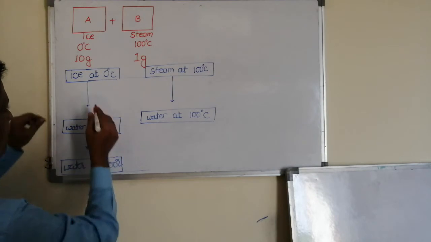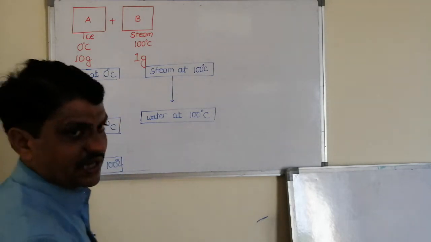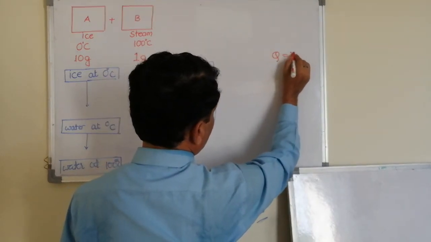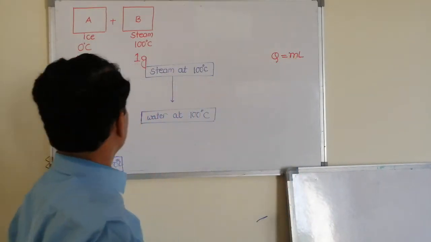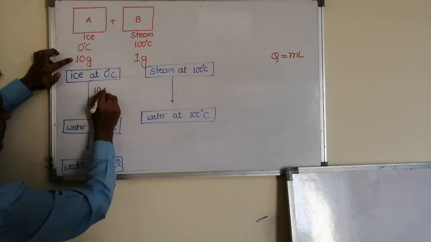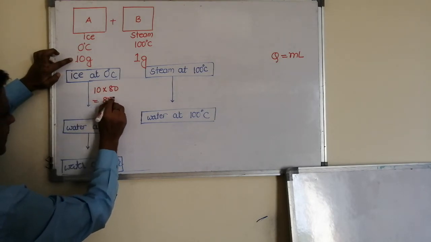Okay, so first, at 0 degree, it is a change of phase. For change of phase, the formula is m into L. Here m is 10, L is 80, that is 800 calorie.